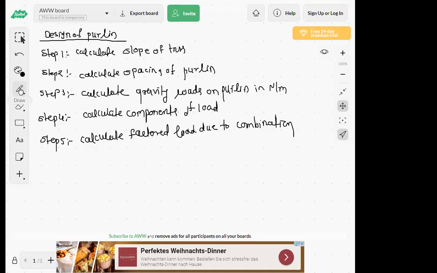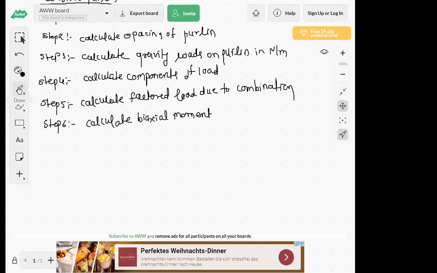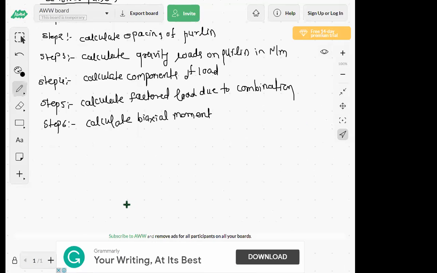So step number 6 is calculate biaxial moments. While designing a purlin there are two moments we have to calculate.